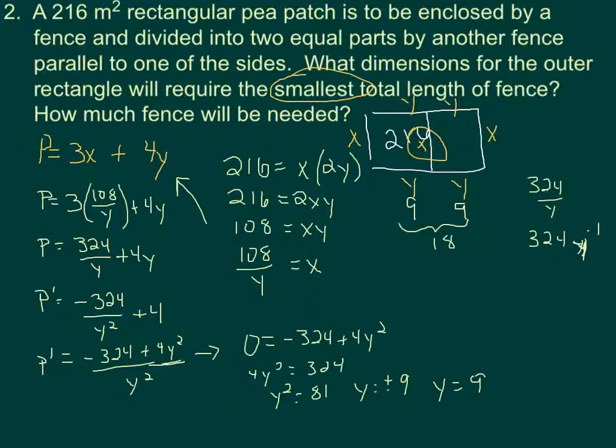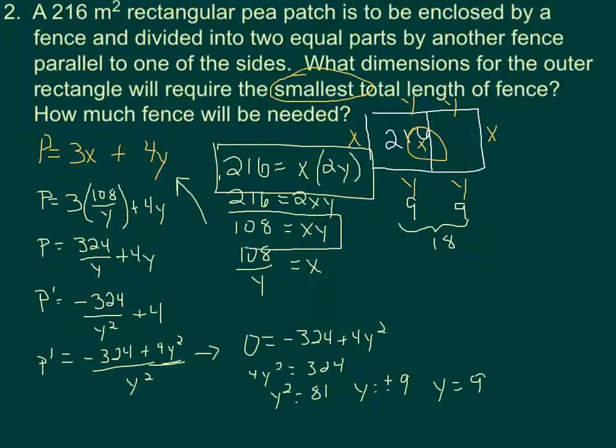And we need to solve for x. Erase this over here. All right, so if 216 equals x times 2y, that was our area formula, our secondary equation, we're going to plug in. And it is okay, as long as you're careful with your arithmetic, to use the simplified one.